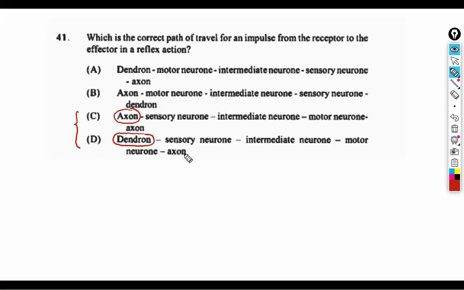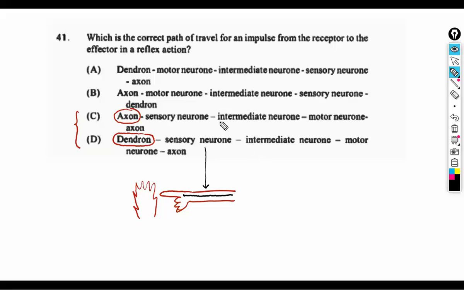Now, the reason is this: let's say you touch a fire, right? So let's say you have a fire here, and you put your finger here, right? Now, the signal has to be sent through your sensory neuron. Your sensory neuron will be almost one of the first things to receive the impulse, right?